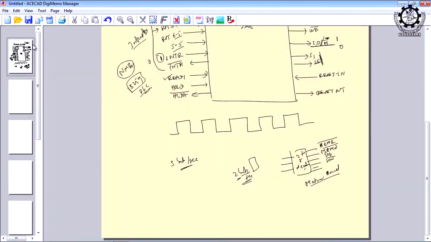One is the microprocessor, that is the CPU, second is memory, and third is the IO devices. IO devices are slower than the memory, and memory is slower than the microprocessor. As far as 8085 is concerned, the microprocessor operates in microseconds, memory operates in milliseconds, and IO devices operate in seconds. Is it okay?